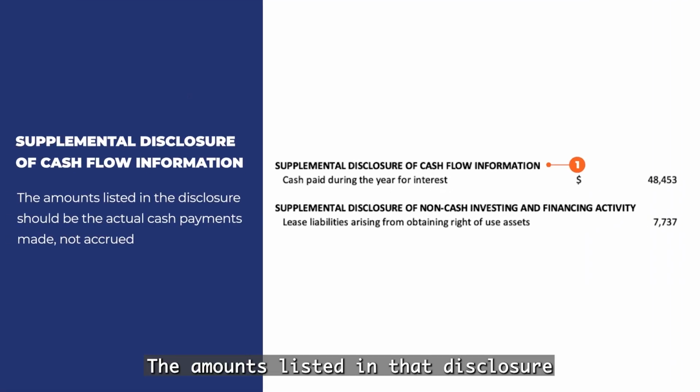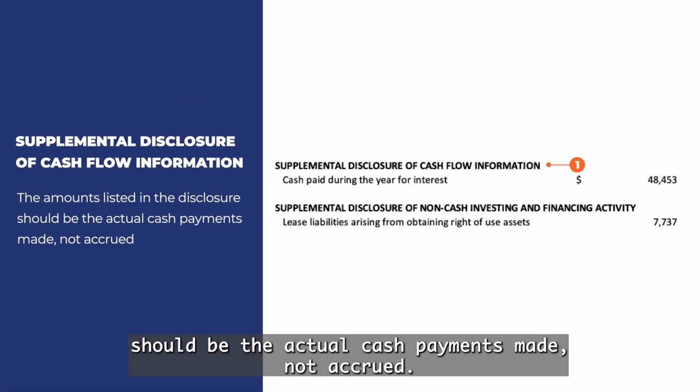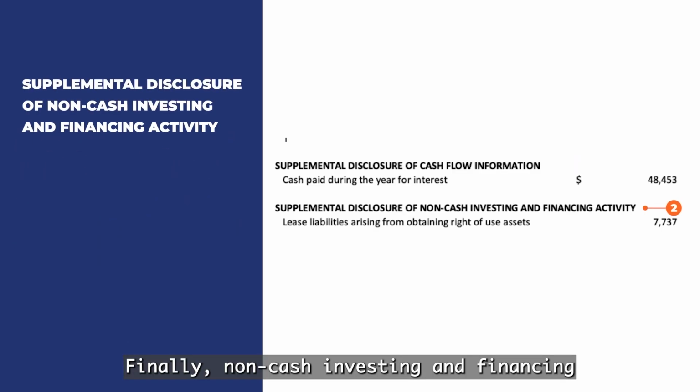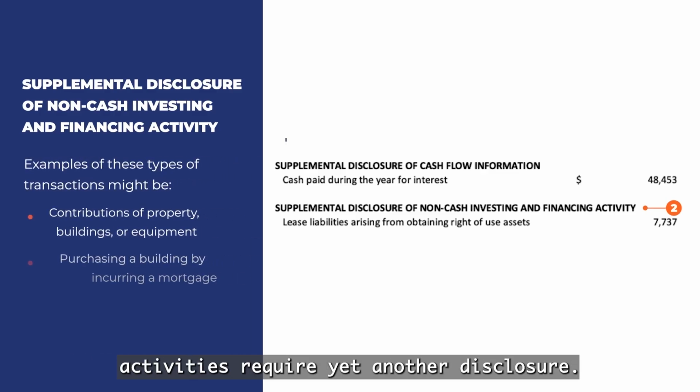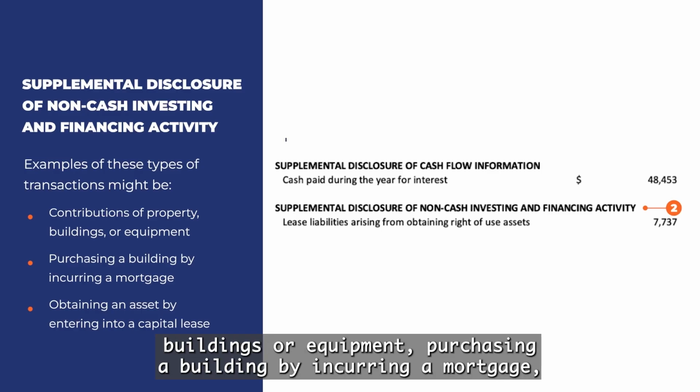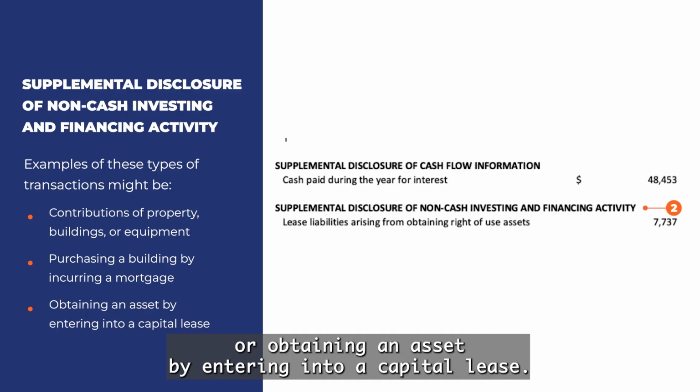The amounts listed in that disclosure should be the actual cash payments made, not accrued. Finally, non-cash investing and financing activities require yet another disclosure. Examples of those types of transactions might be contributions of property, buildings, or equipment, purchasing a building by incurring a mortgage, or obtaining an asset by entering into a capital lease.